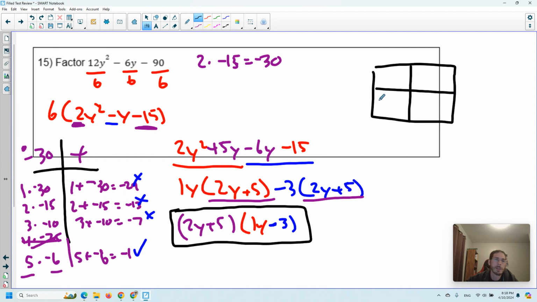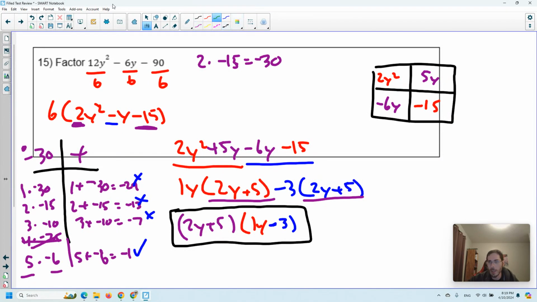So if we do it with the boxes, we've got 2y squared. We've got negative 15, so we put those opposite each other. And then the two numbers that we picked, the 5 and the 6, so 5y and negative 6y, and those two are opposite to each other. So again, we have to kind of play our game.